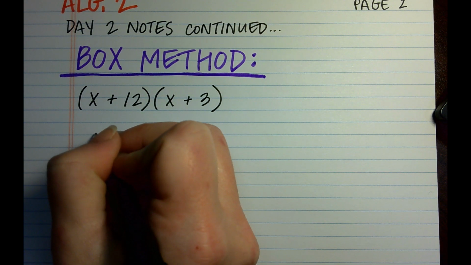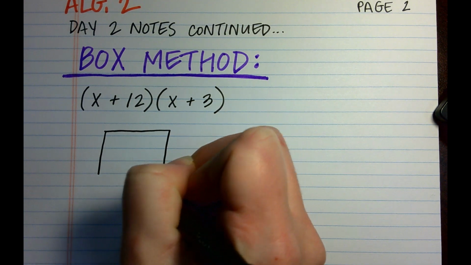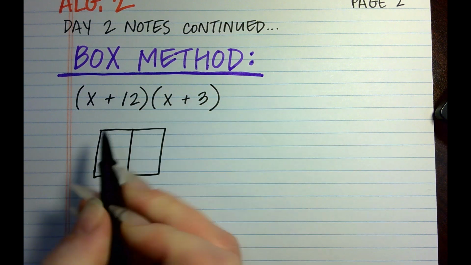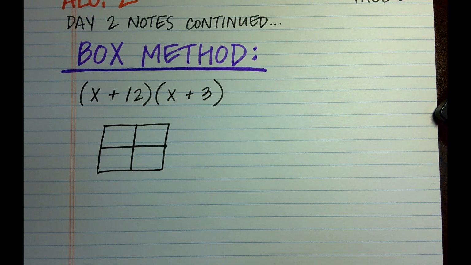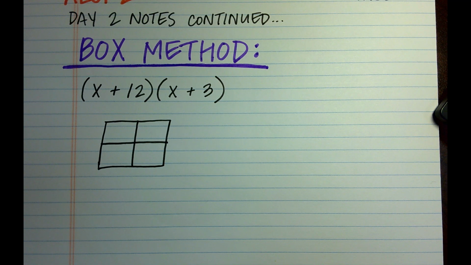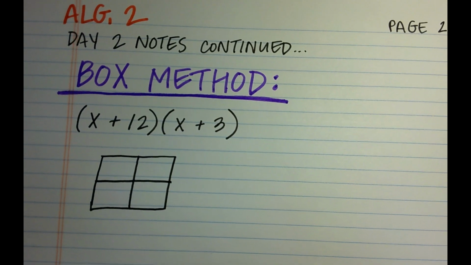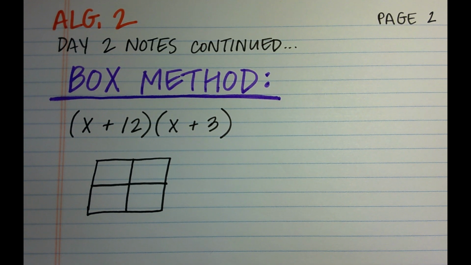So what I'm going to do is just draw a box like this, and then a line down the middle, going both ways like that.